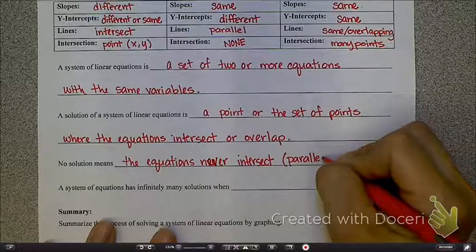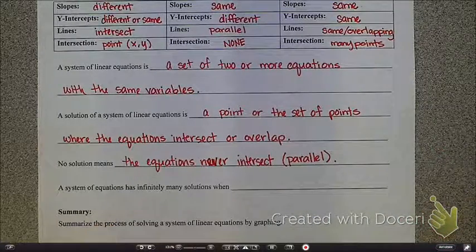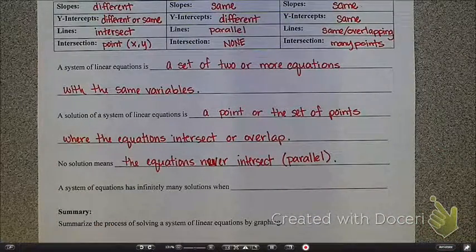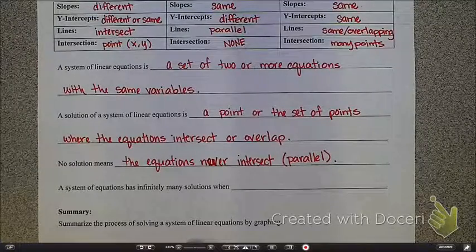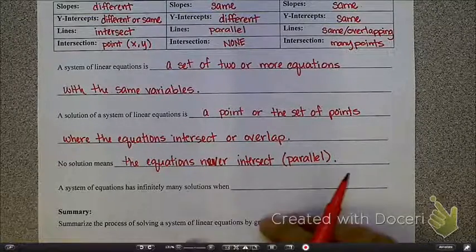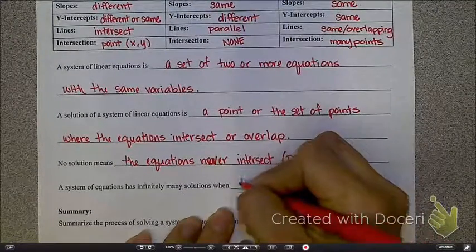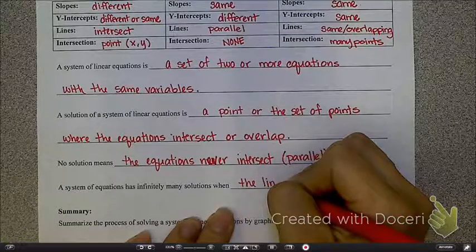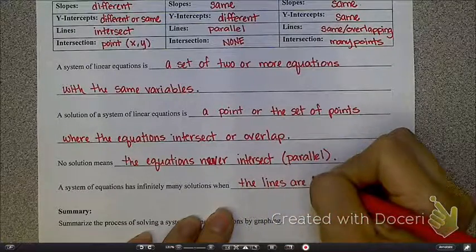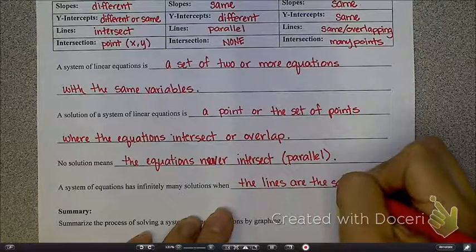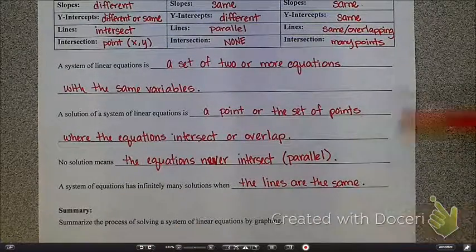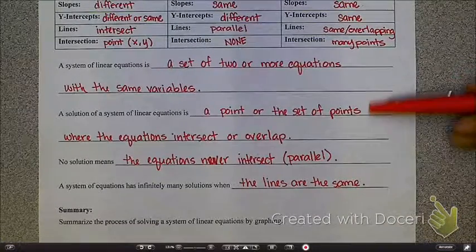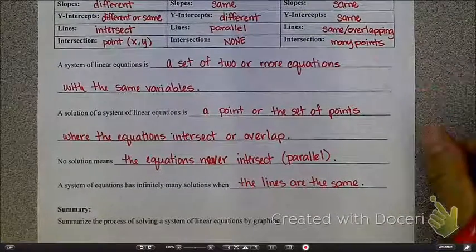If you wrote something like that, that's fine as well. And then the last one, a system of equations has infinitely many solutions when the lines are the same. Hopefully you've got something kind of similar to what we came up with here.